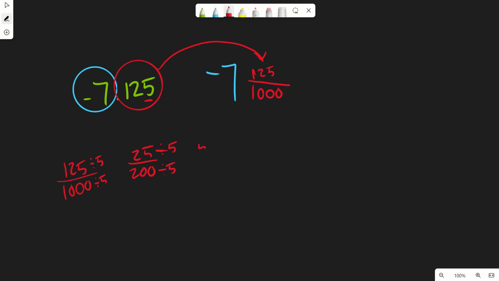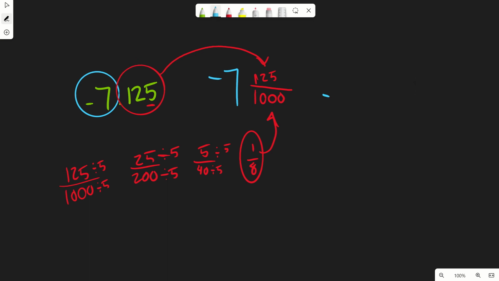And I get 5 over 40, and those can both be divided by 5 still. And I get 1 over 8. So my real answer would be negative 7 1/8. And that's my value.